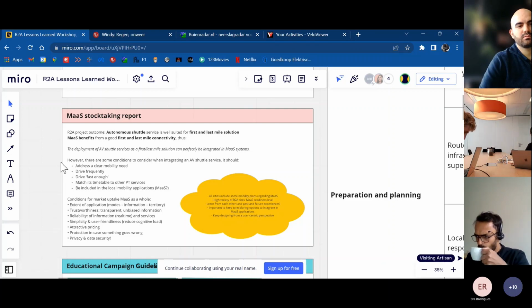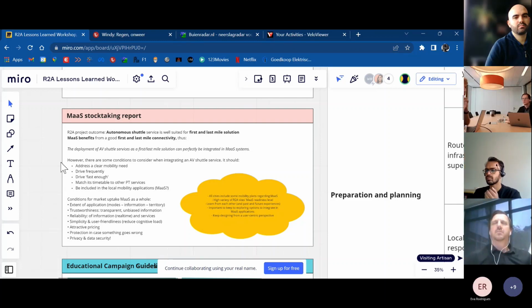But I found out that there are several conditions, several challenges which need to be overcome before we can integrate that. The first one is to address a clear mobility need. MaaS works only if people can go from A to B with minimization of their walking, the first and last mile trip part.